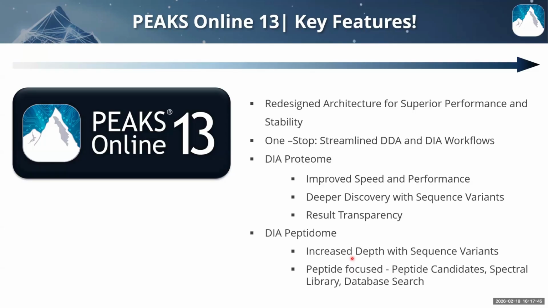We've also done a lot of changes to the DIA Peptidome workflow in particular, where we have also allowed the user to search for sequence variants, as well as more peptide-focused searches. So that includes searching for peptide candidates in a peptide list in the form of a FASTA file, as well as through a spectral library and still our database searches.